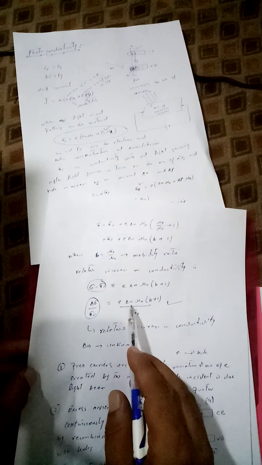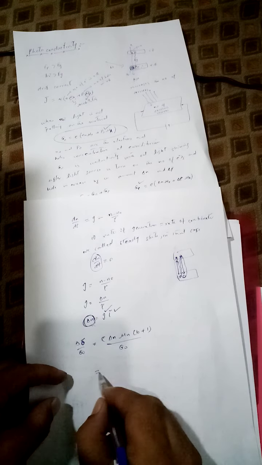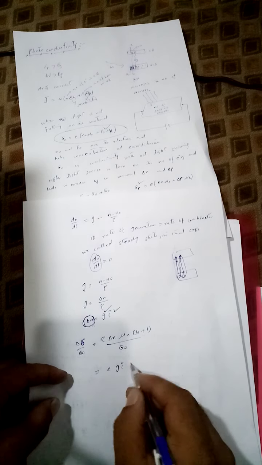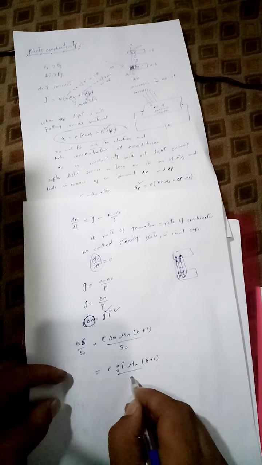So delta sigma over sigma naught equals e delta N mu n times (b plus 1) over sigma naught, which becomes e G tau mu n (b plus 1) over sigma naught.